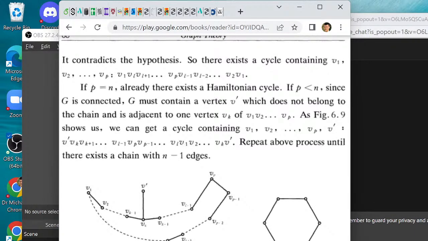So what I would imagine you do is, because it's a cycle, there's kind of like a symmetry between the starting points. So before you had like V1 to VP, and you couldn't continue it because V1 and VP ran out of adjacent vertices. But the other nodes might not have run out of adjacent vertices because it's connected, right?